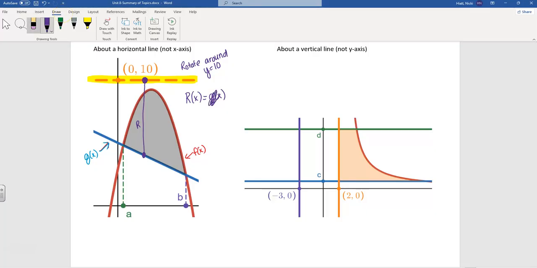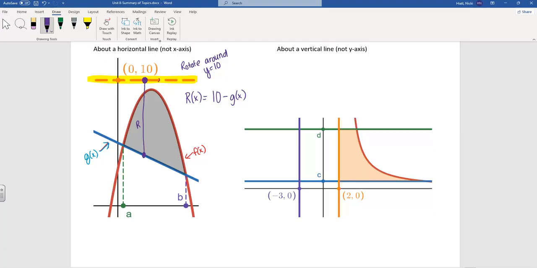You could get away with this. Is it y? Like, it's R y or no? It's R of x because it's a horizontal line. Any horizontal line is a dx. But what I did backwards is I should do top minus bottom of this. So I should do 10 minus g of x. Good news is if you get those backwards, when you put it in and it's squared, it's not going to make a difference. So it'll be okay.